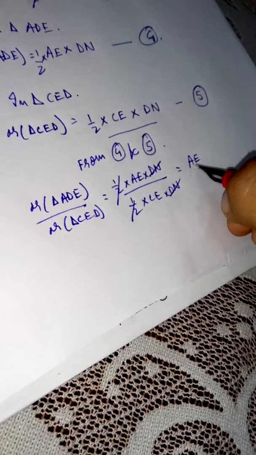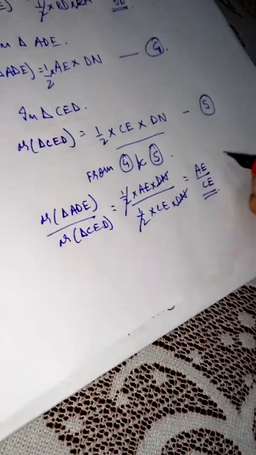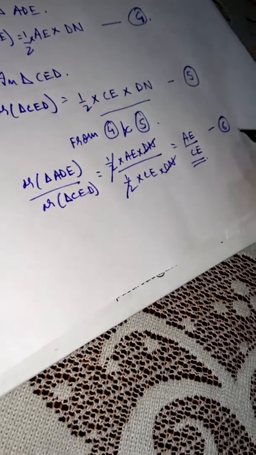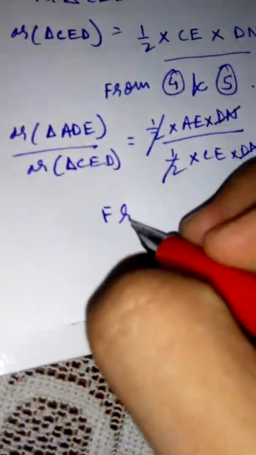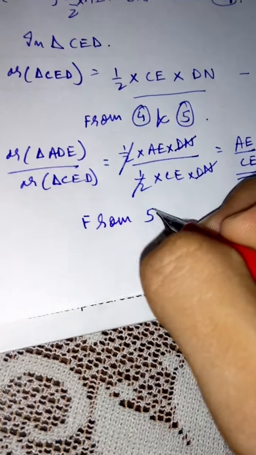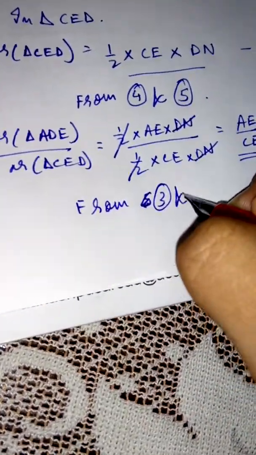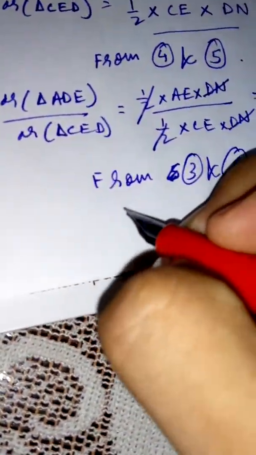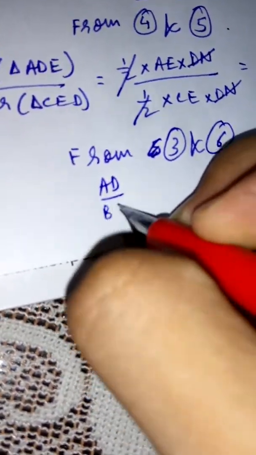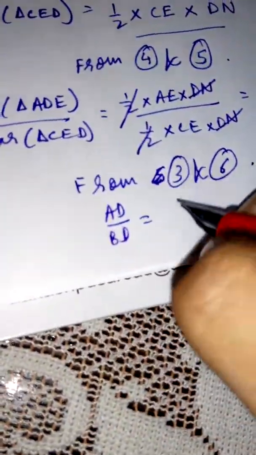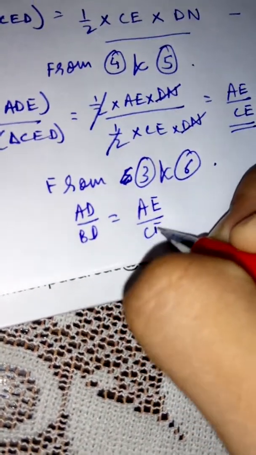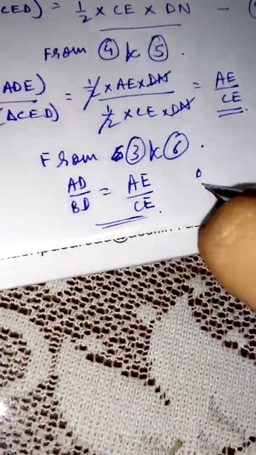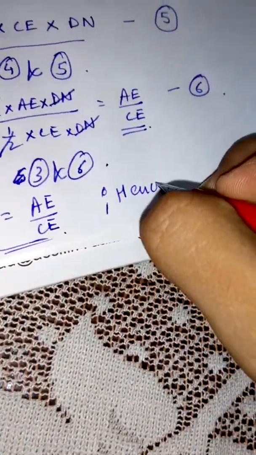So AE upon CE. Let's take this as equation 6. So I think we have solved most of our theorem. From 3 and 6 we got that AD upon BD is equal to AE upon CE, hence proved.